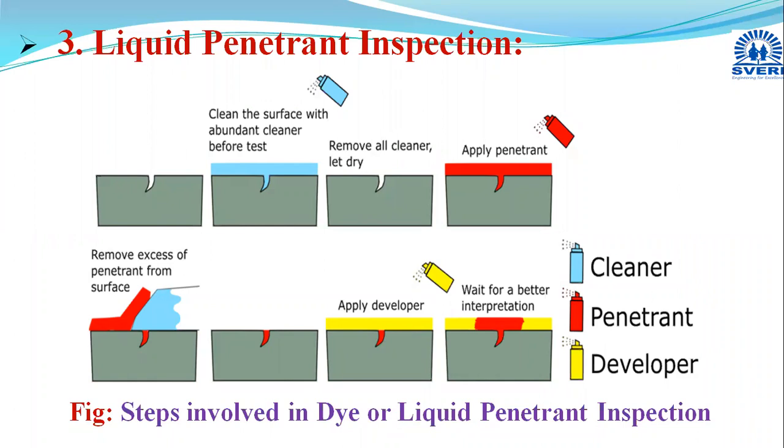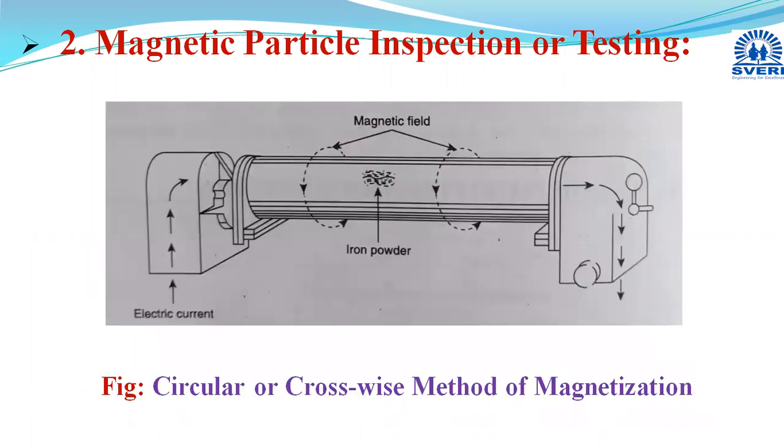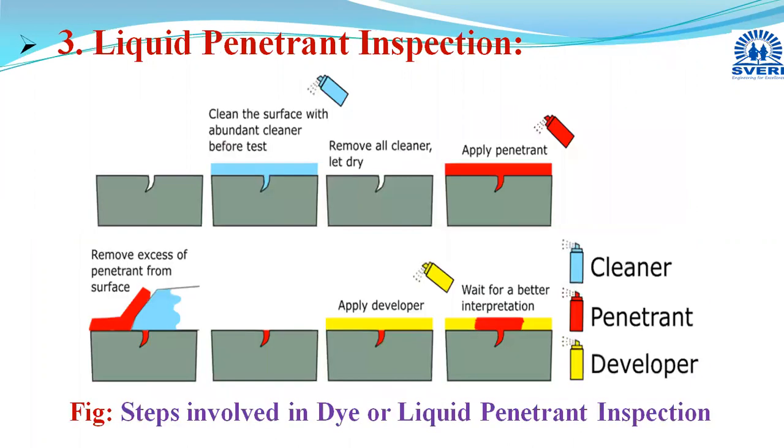In magnetic particle inspection, we have discussed the principle, also known as the magnaflux method, then two types of magnetization, circular and longitudinal, then the dry method and the wet method, and the magna glow method. If any query is there, you can ask me. Otherwise, I will start liquid penetrant inspection. Please let me know via chat box if any query is there.